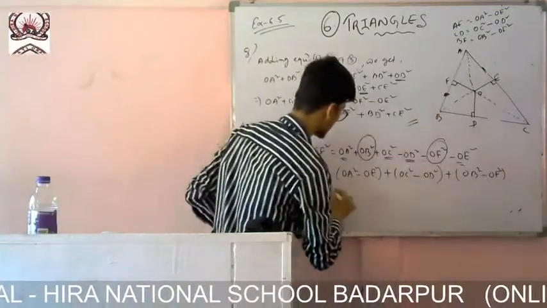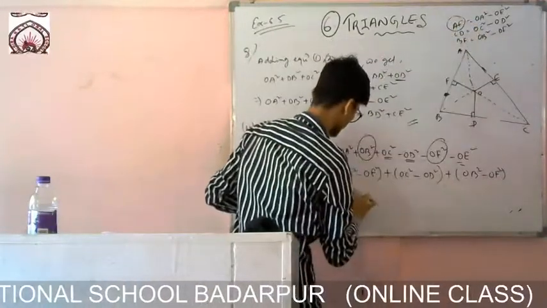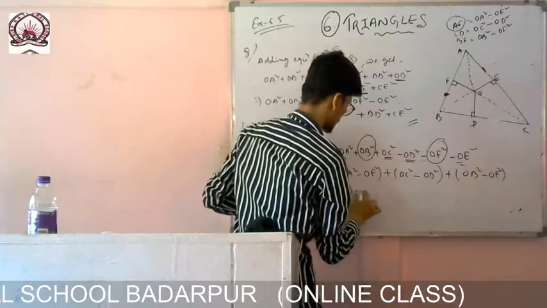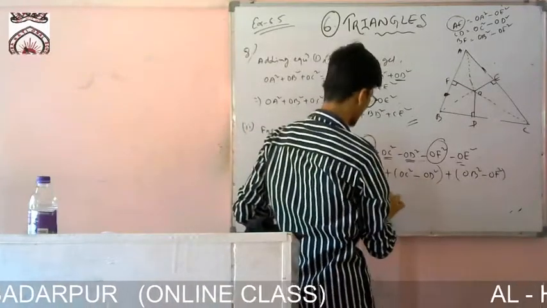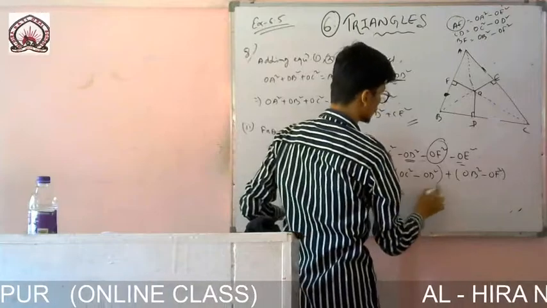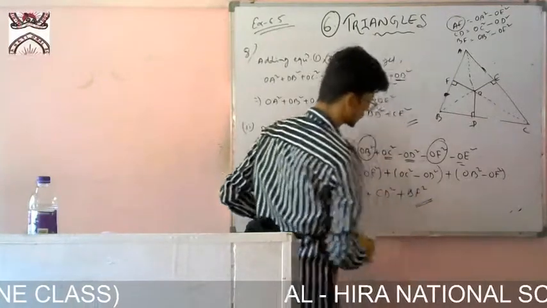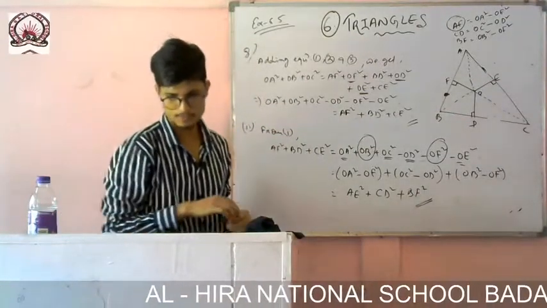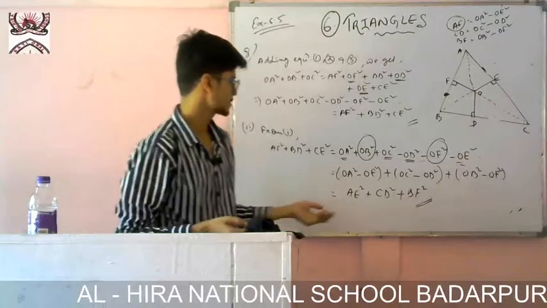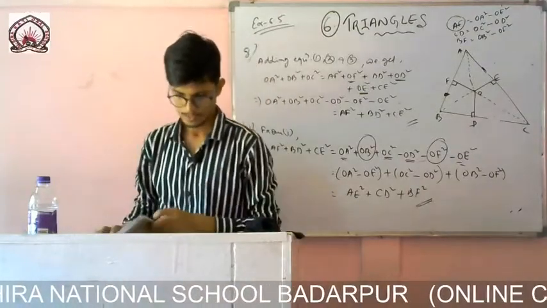Now in place of this I can write OA square minus OE square is equal to AE square, plus OC square minus OD square I can write CD square, OB square minus OF square I can write BF square. So this is the end. Yes, AE square plus BF square plus CD square. Finished. So this is the end of this one also.